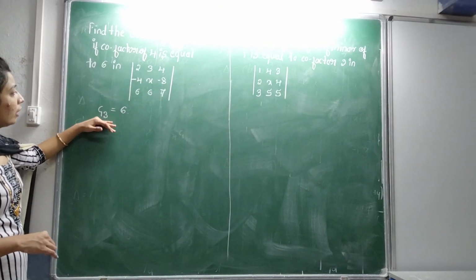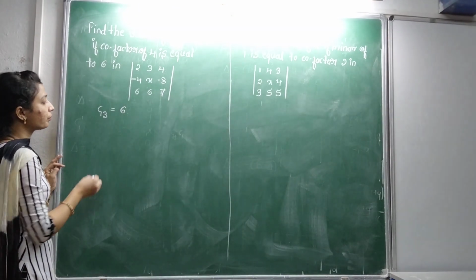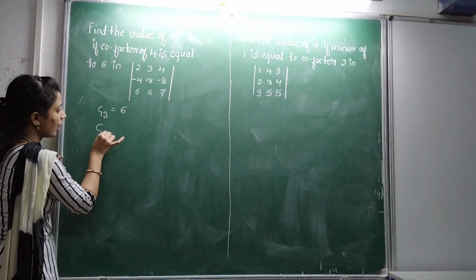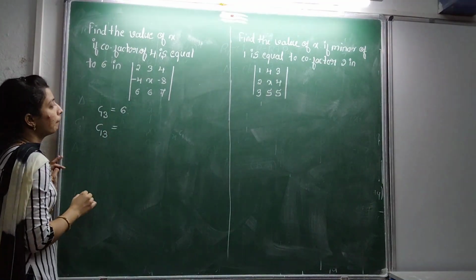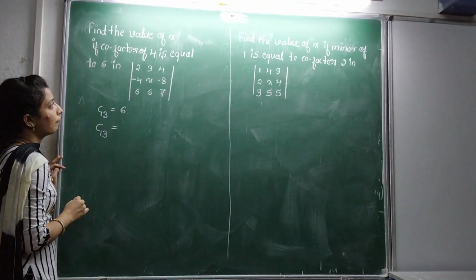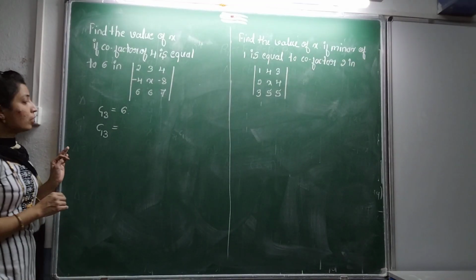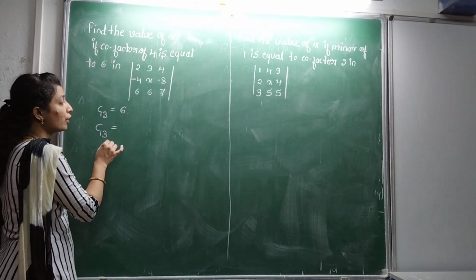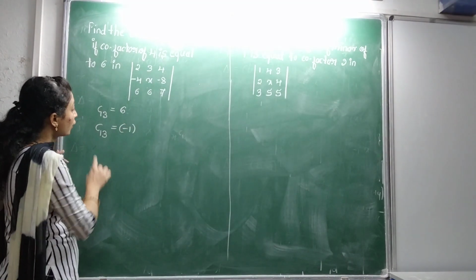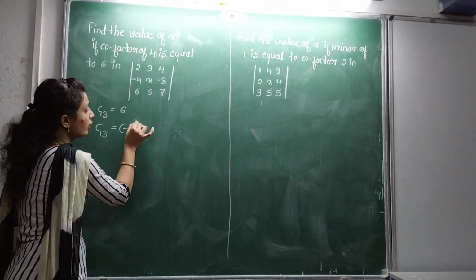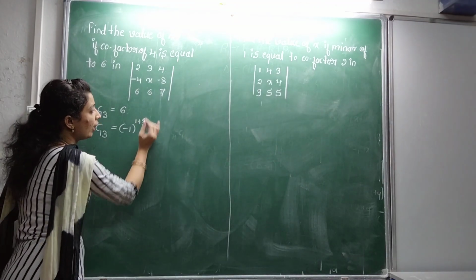So given that C13 is equal to 6, C13 is equal to, by the definition of cofactor, minus 1 whole to the power first row and third column, so it is 1 plus 3, and the minor of this element.